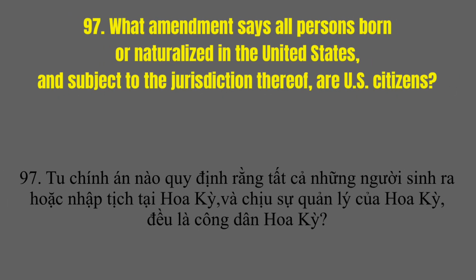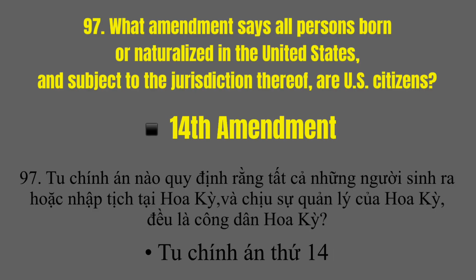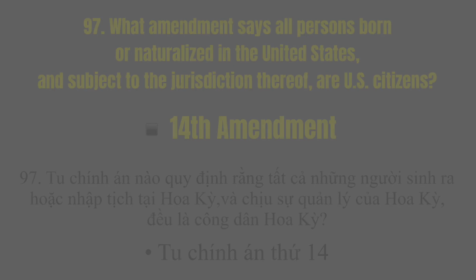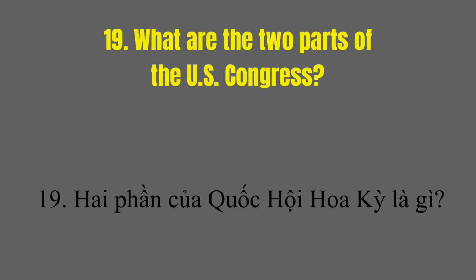What amendment says all persons born or naturalized in the United States and subject to the jurisdiction thereof are U.S. citizens? 14th Amendment. What are the 2 parts of the U.S. Congress?